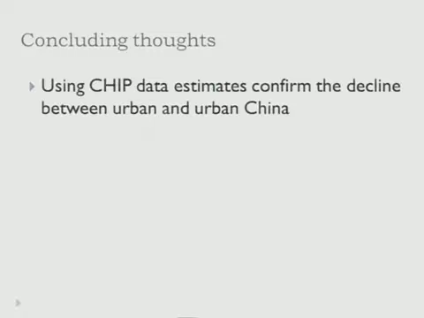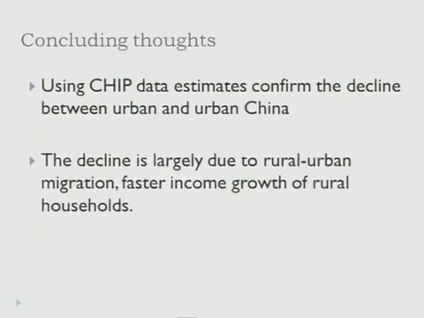Let me come to the conclusions. Using the survey data estimates, we confirm the decline in the rural-urban income inequality in China, and the decline is largely due to rural-urban migration and the fast income growth of rural households.